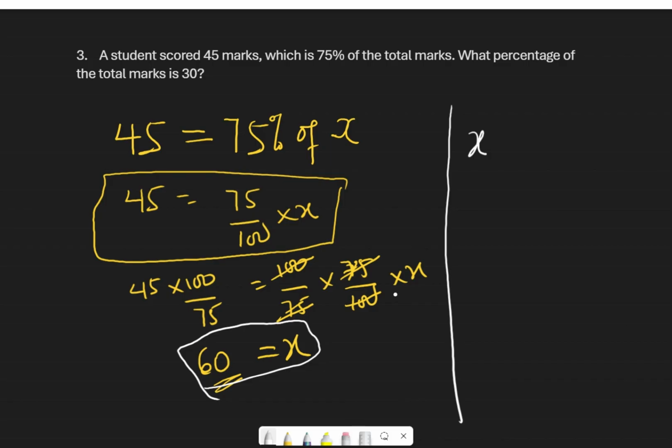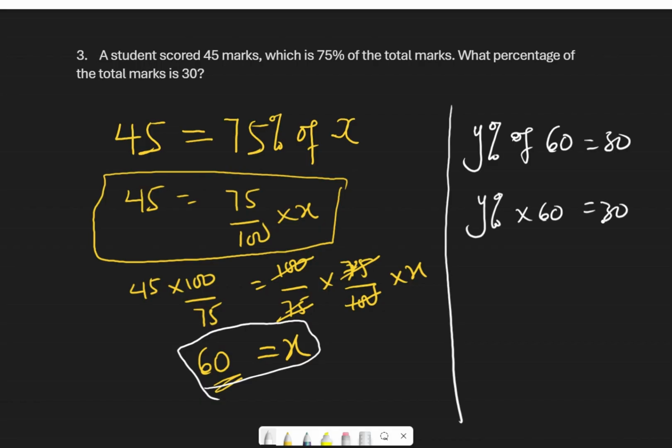So let me say y percent. Y percent of the total, which is 60, is 30.